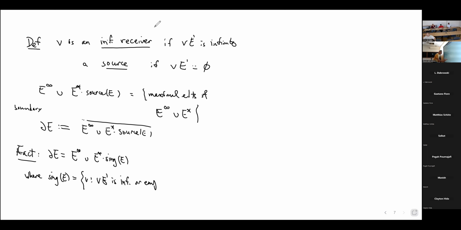So the infinite receivers or the sources. And this singular stands for singular vertices.